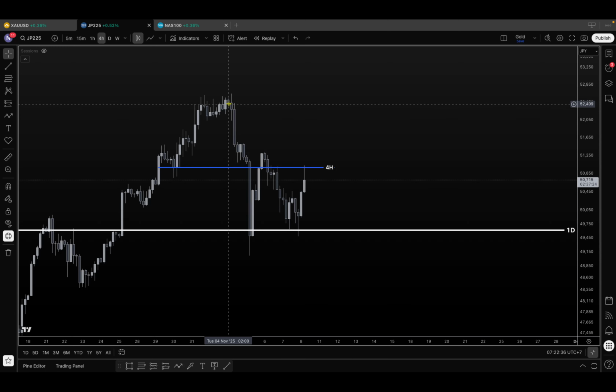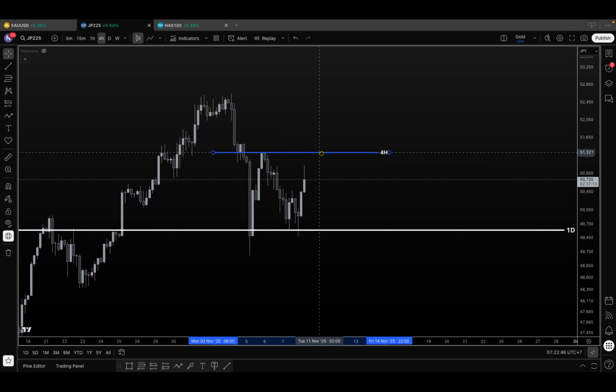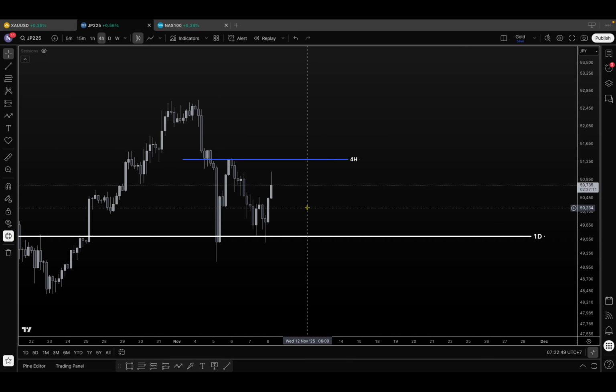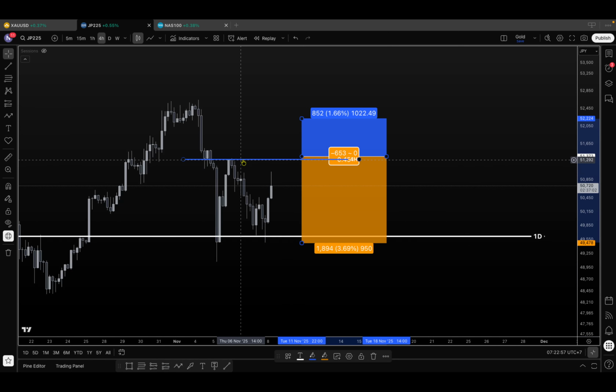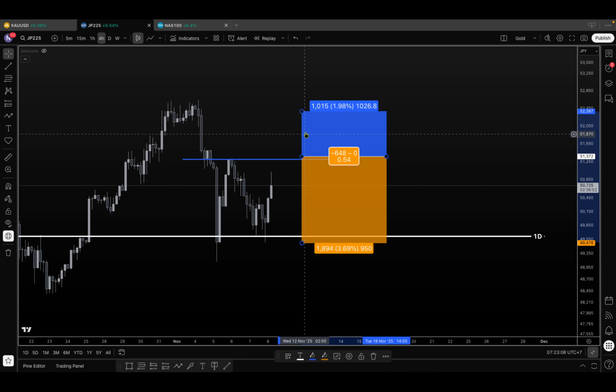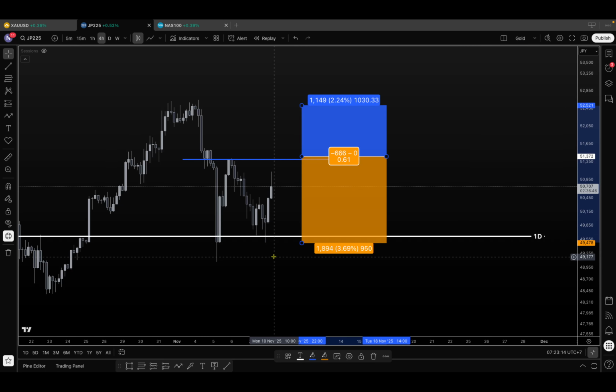Technically, if I want to go long on daily time frame, I have to wait for the price to break this level, and then my entry has to be right here, my target probably there, and my stop loss will be there.